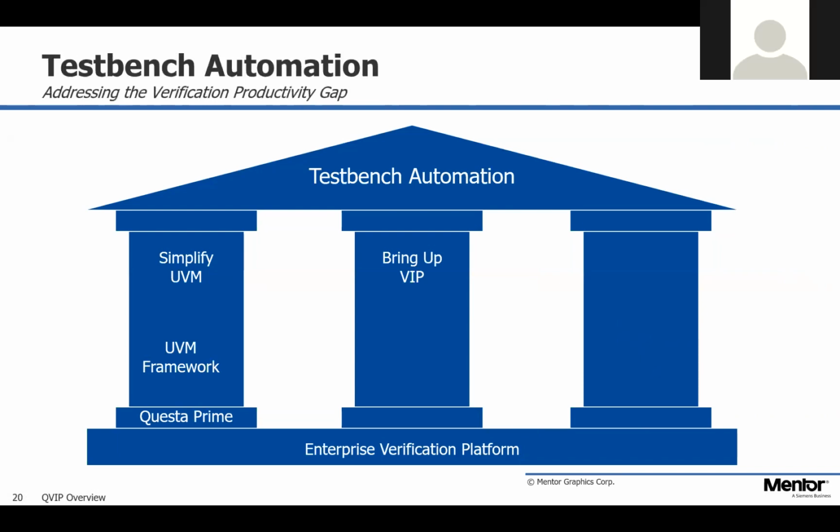VIP is another pillar. The VIP is a set of pre-designed UVM agents, but then we've created the UVM configurator and we've integrated that with the UVM framework to allow you to quickly create, configure, and instantiate this VIP within a UVM test bench.